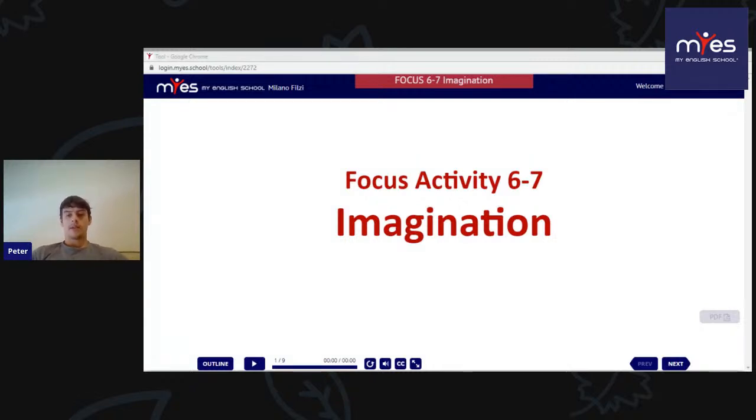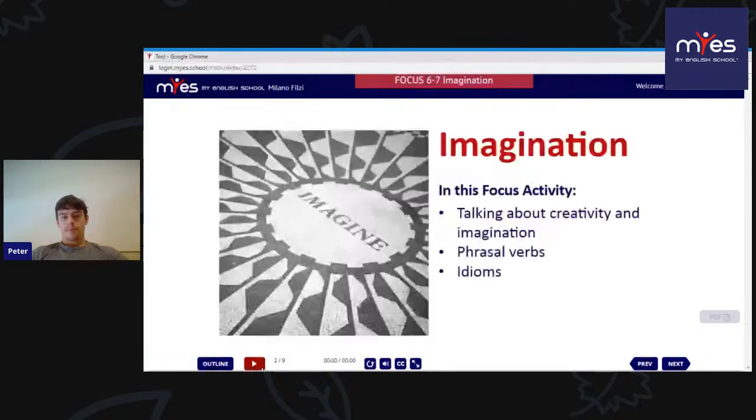But let's see the language that we study in today's lesson. Today, in this focus activity, we are talking about creativity and imagination, phrasal verbs, and idioms.